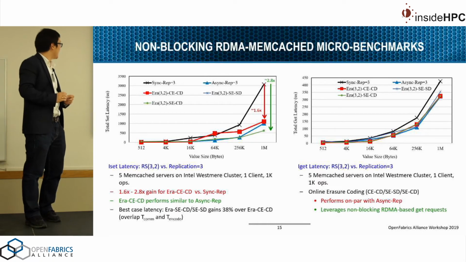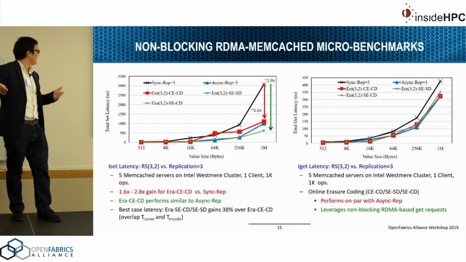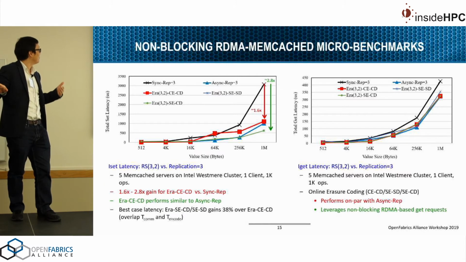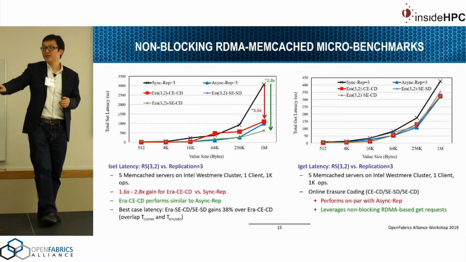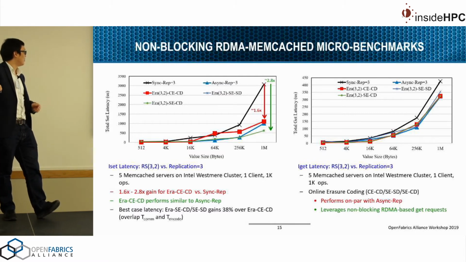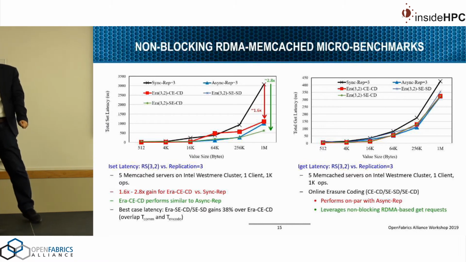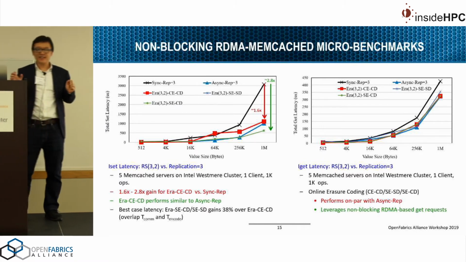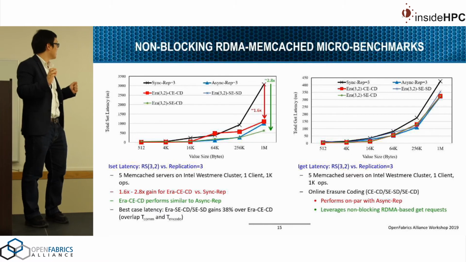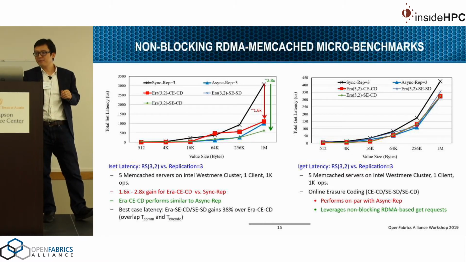We see that with SECD, we are able to achieve very similar performance and sometimes even better than the asynchronous-based replication scheme. For instance, we see a 38% performance improvement, as the green line shows. That's for set latency. For get latency, we also see similar performance to the asynchronous-based replication scheme.